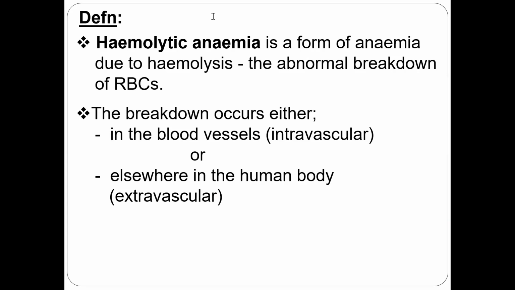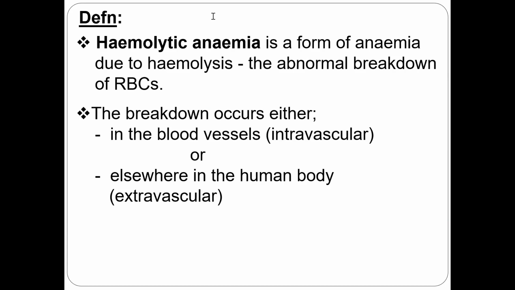And usually the breakdown of red blood cells is classified as abnormal. Abnormal because the cells don't live up to the number of days that they are supposed to live, like the 120 days, and they break down early. And so they are said to have hemolyzed.